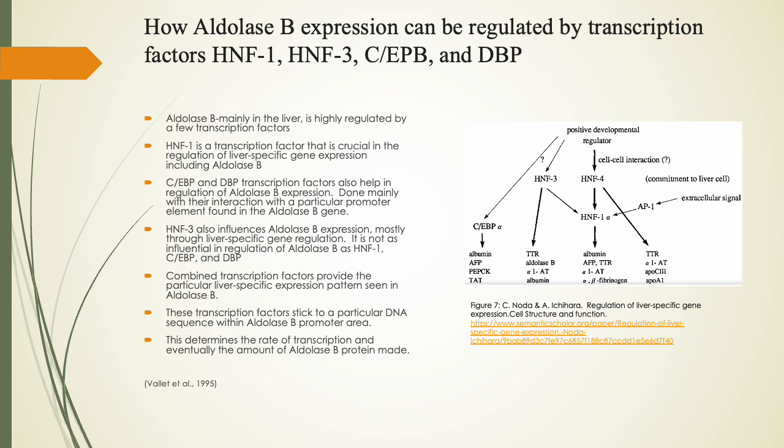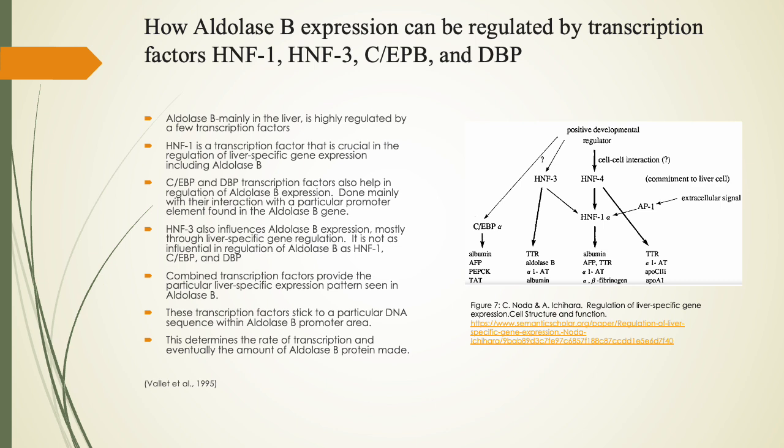HNF3 also influences aldolase B expression. It is mostly through liver-specific gene regulation. It is not as influential in the regulation of aldolase B as HNF1, CEBP, and DBP are.